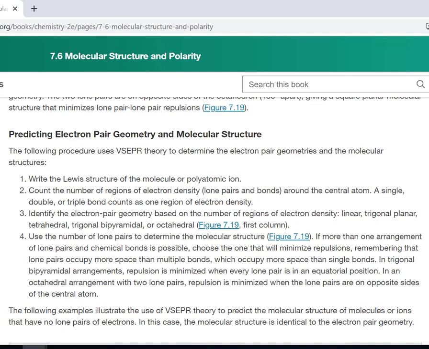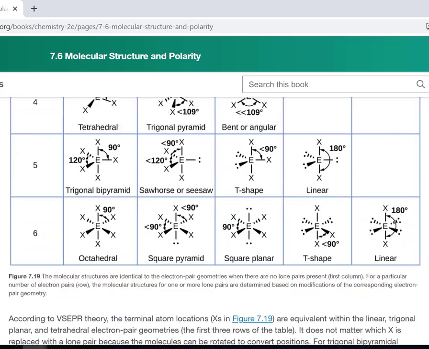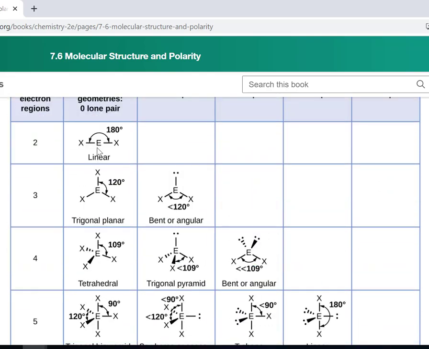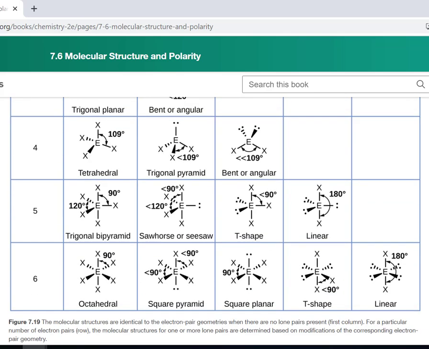Identify the electron pair geometry based on the regions with electron density. So your options here are linear, trigonal planar, tetrahedral, trigonal bipyramidal, or octahedral. So using this chart we had looked at, the number of regions 2, 3, 4, 5, or 6.